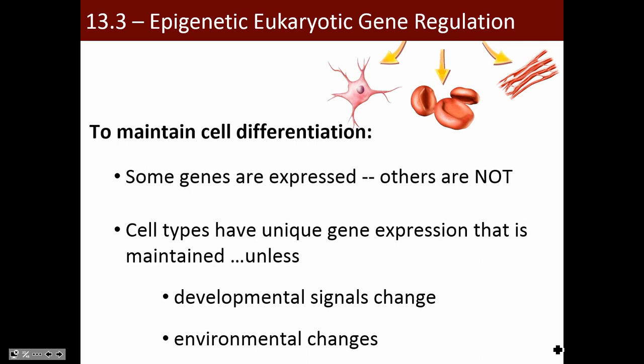Maybe that's a developmental signal. Oh, hey, puberty's here, time to change things up a little bit. Or, oh, hey, menopause is here, change again, right? Whatever it is that comes in and causes a change. Or there's an environmental change, right? We already kind of referred to all of this. I'm just laying it out.